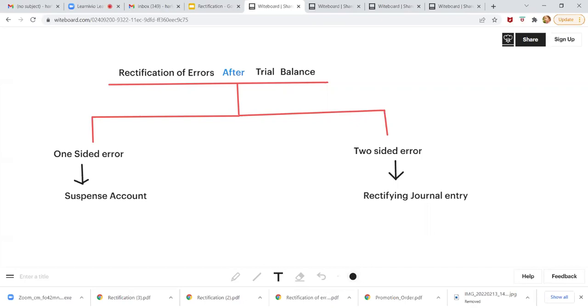Whatever error the accountant finds in the transaction will be corrected through the suspense account. Thereafter, one-sided error will be rectified by passing a journal entry either debiting or crediting the suspense account. Let us take an example here.